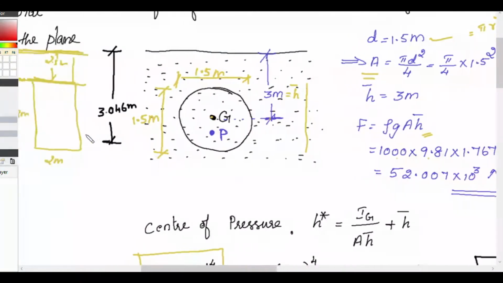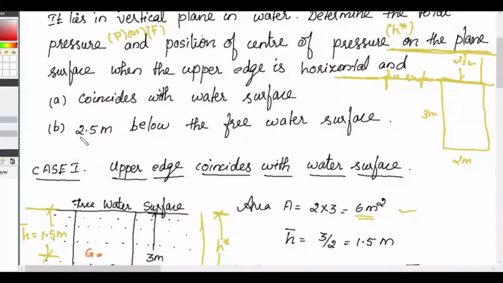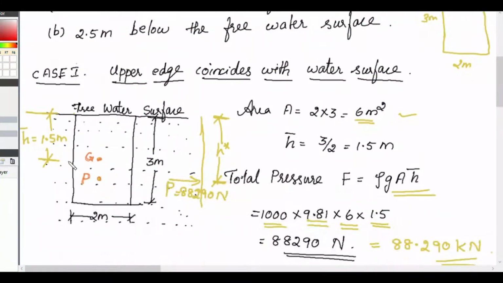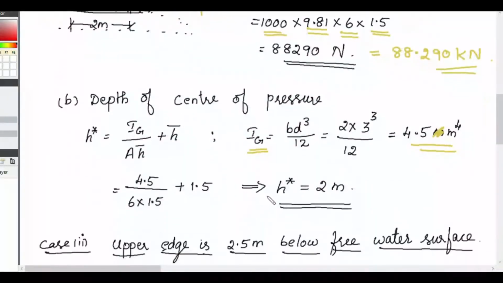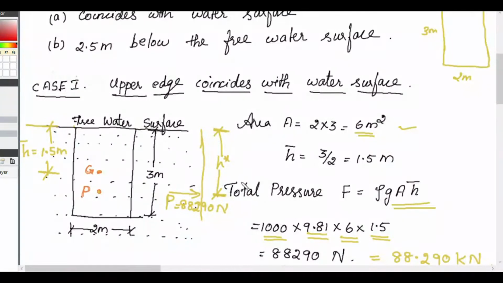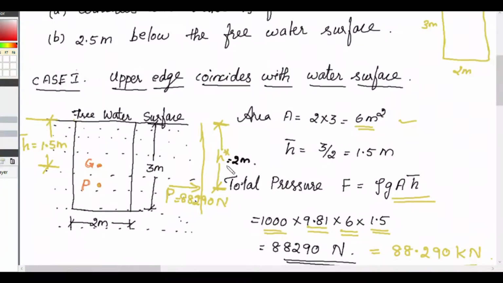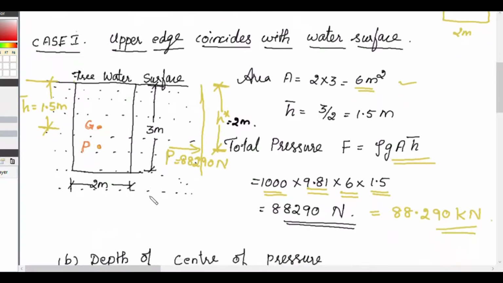In the previous problem, H bar is 1.5 meter, H star is 2 meter, when the upper edge coincides with the free surface.